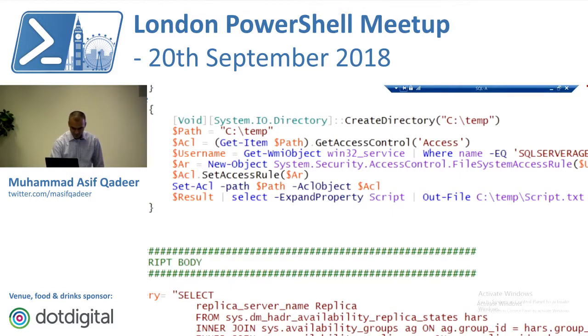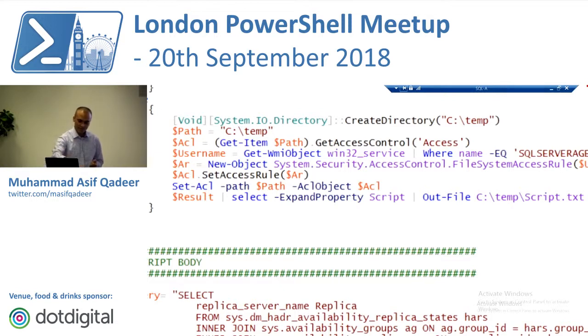When I tried to put the file there, it was giving me an error about the ACL, the access control list, because it was executing under the SQL Agent account, and the SQL Agent account doesn't have permissions to read or write anything from there.